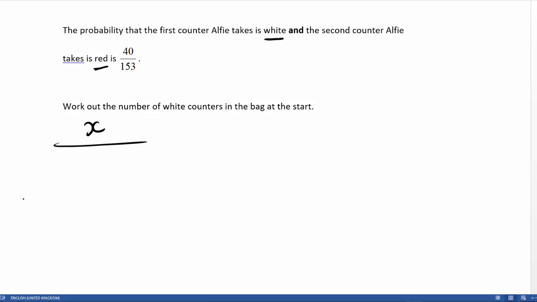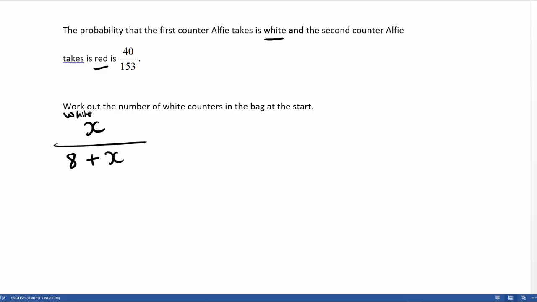We know in the question that there are red counters in the bag, and we know there are 8 of them. So probability, we should know, is always going to be a decimal or we can write it as a fraction. Yeah? So it's going to be X out of 8 red ones plus the sum of all the white ones that we don't know. So this is your first outcome.